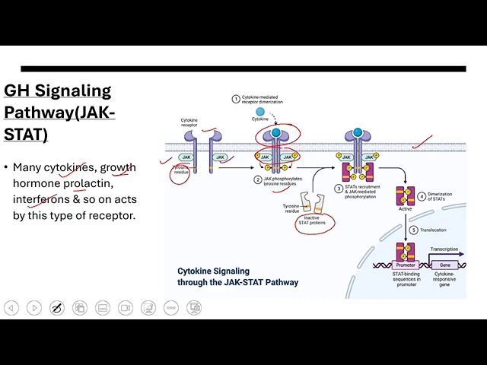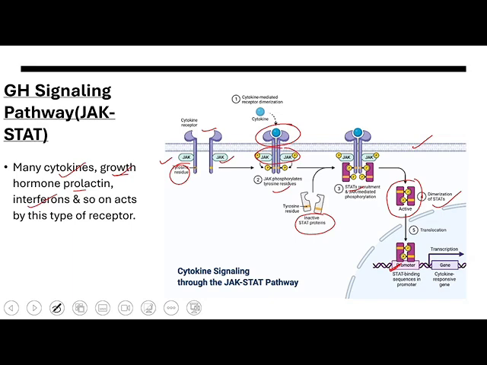And once that gets activated, then there will be the dimerization of the STAT as well, and this dimerized STAT reaches the nucleus, and that will bind to the promoter site of the DNA, and that binding leads to increased transcription, and thus it regulates the various biological activities.